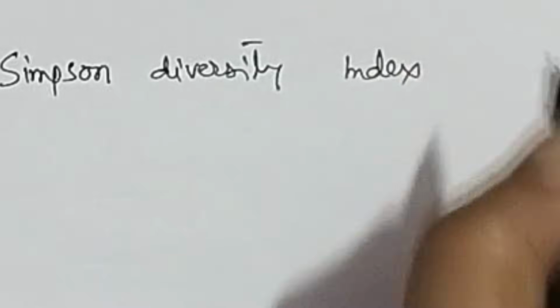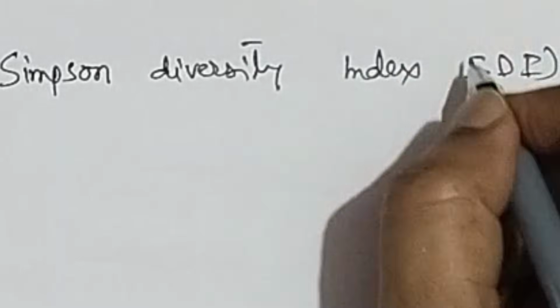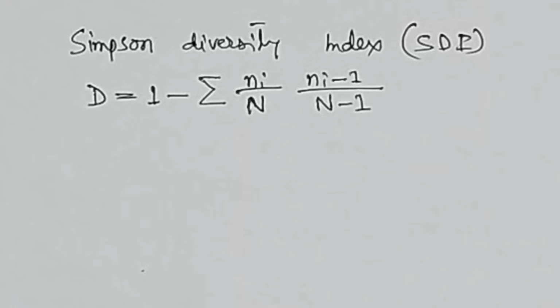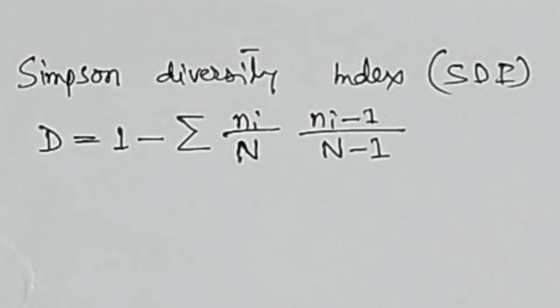So the Simpson Diversity Index, SDI. This is calculated by the formula. Let me explain.